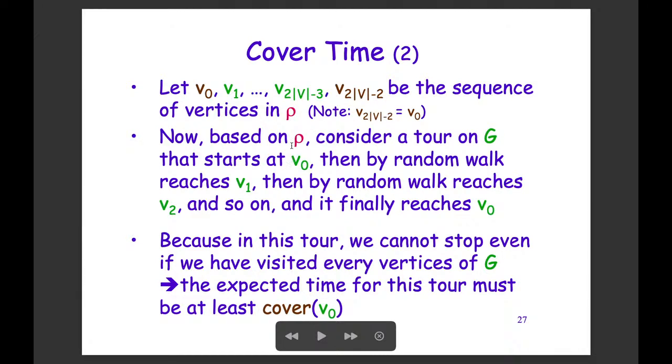Now, based on the tour, we can see that one way of completing a cover starting from this V0 is to go from V0 to V1, whether it has been visited or not before. Let's say we consider V0 first, go to V1, and then V1 goes to V2, V2 goes to V3, and so on and so forth to finish this covering.